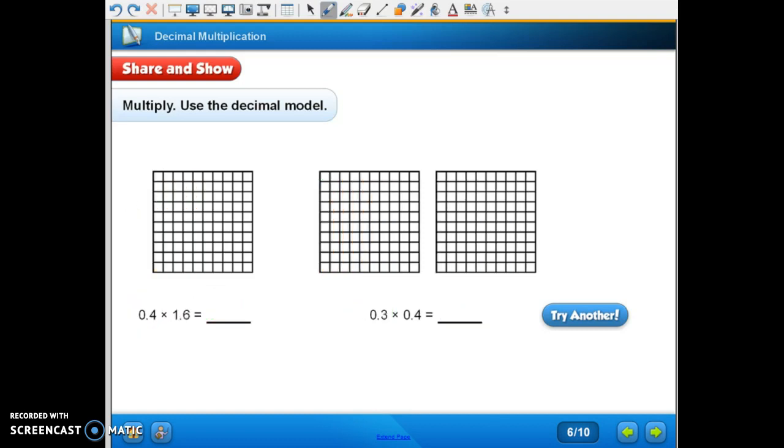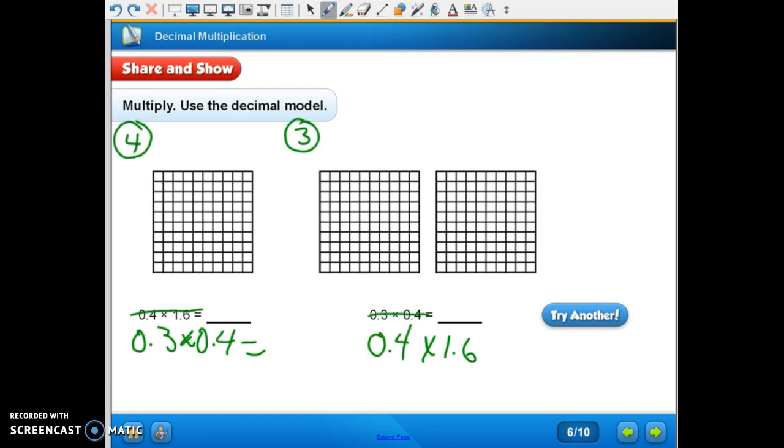Okay, this one is number, can anybody find it? 3. Okay, so number 3 on page 185. In my Smartboard presentation, they have these kind of mixed up, so I just rewrote them. So we're going to go up and down.